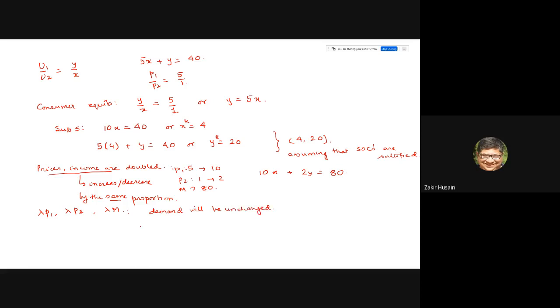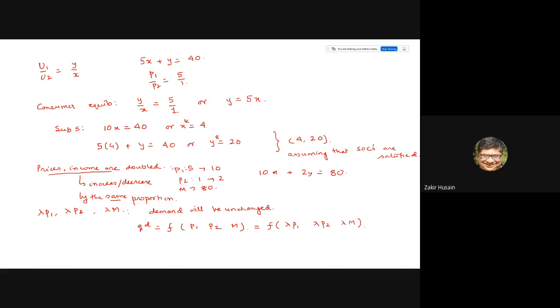Now if you write the demand function, this is a function of P1, P2 and M, own price, cross price and income. So what we are basically saying is that this is equal to, right?